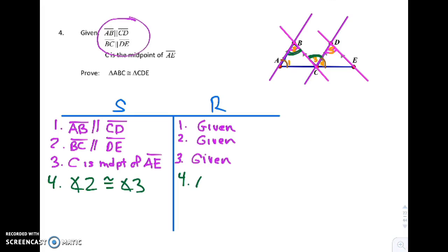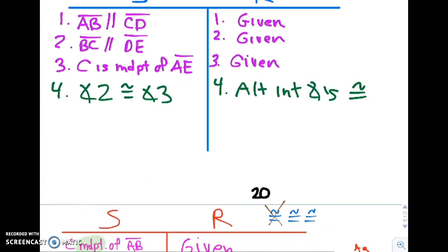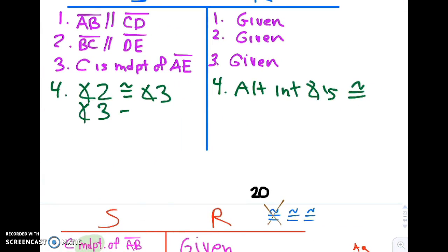And the reason is alternate interior angles are congruent. Now, angle 3 is congruent to angle 5 because they're also alternate interior angles. So I'm going to add that to the mix. Angle 3 is congruent to angle 5 for exactly the same reason. Alternate interior angles are congruent.